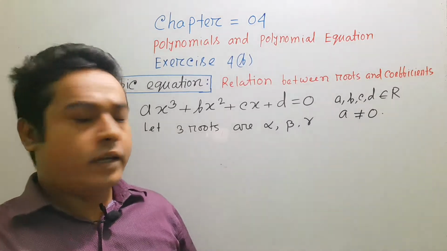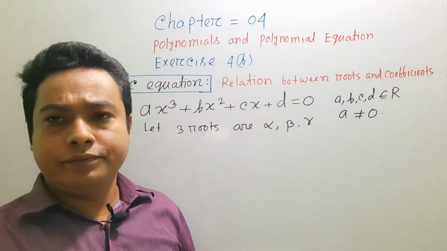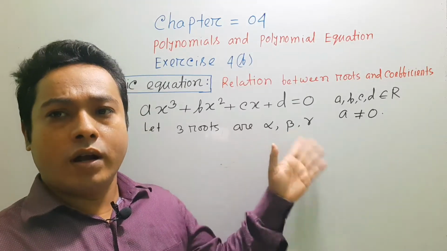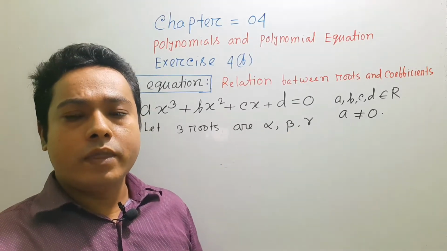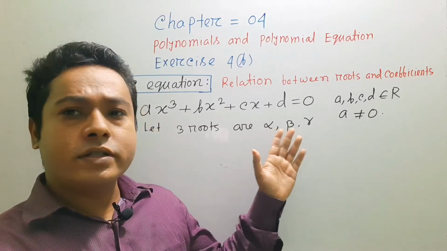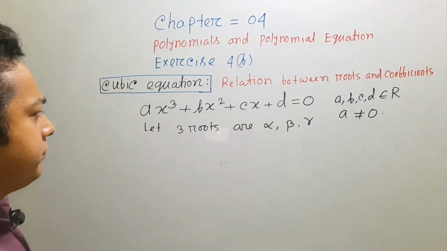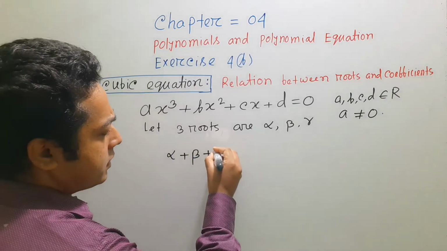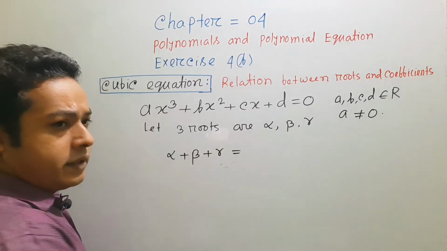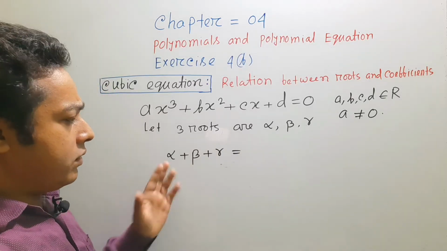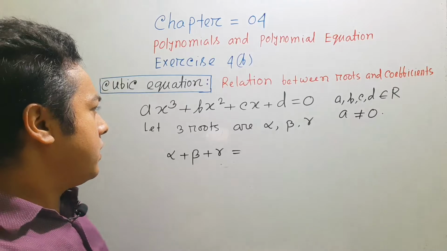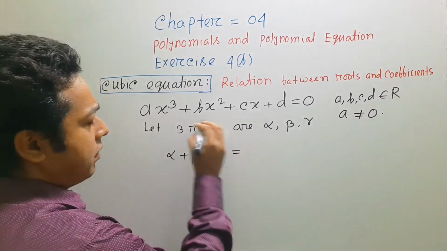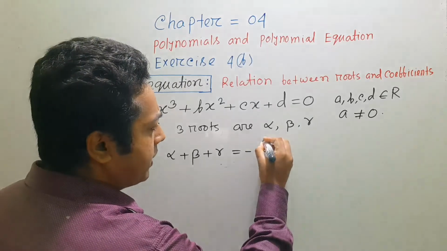Now we want to find the relation between roots and coefficients. At first we want to find the sum of roots taking 1 root. It will be alpha plus beta plus gamma, and the value of this will be minus b divided by a.